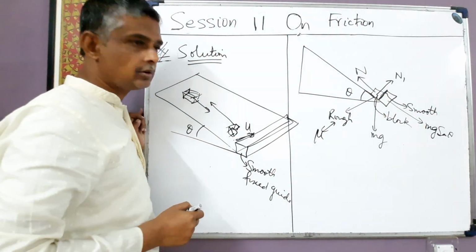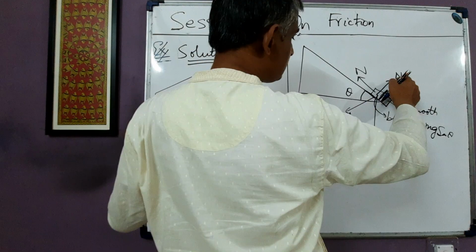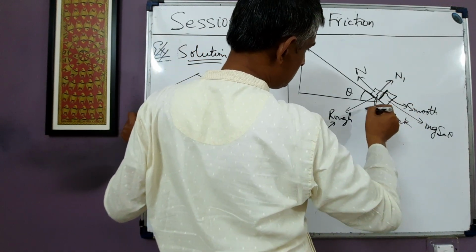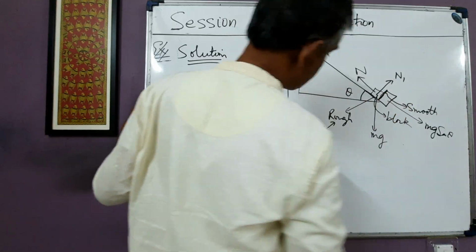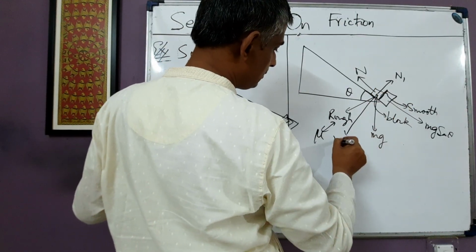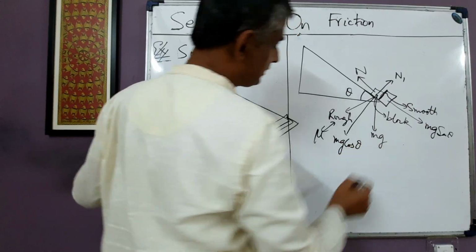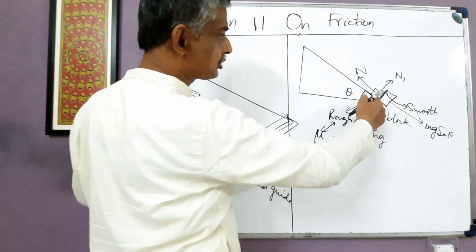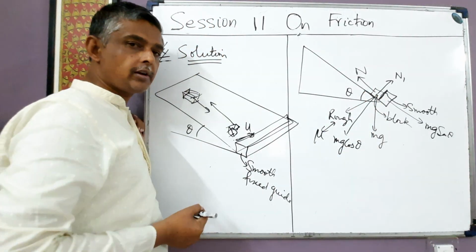Now this N1 will be how much? If you take a component of mg normal to the incline, it will be mg cos theta. And here the friction coefficient has been assumed to be mu.